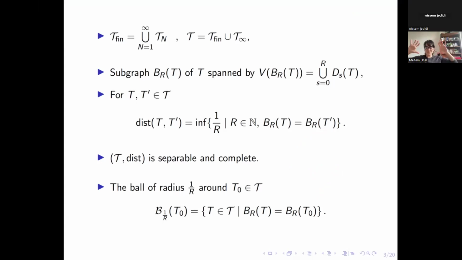Any tree that contains this truncated tree, up until height r, is in the ball of radius 1 over r around this T0. It means that all the trees that have the same behavior up until height r with T0 are in the ball around T0 of radius 1 over r. Yes, it's clear. Thank you.